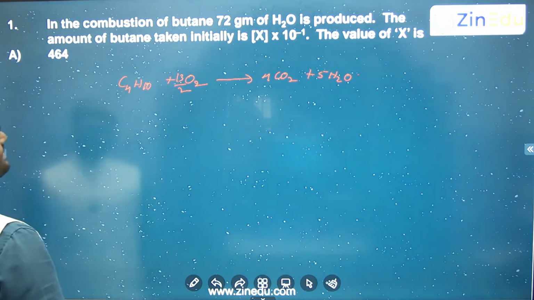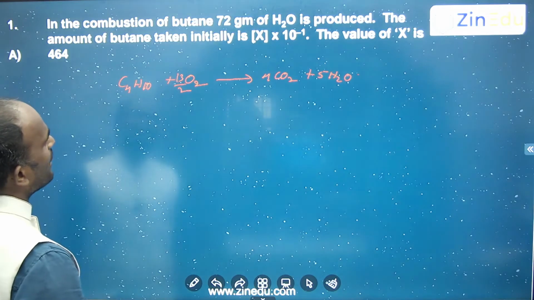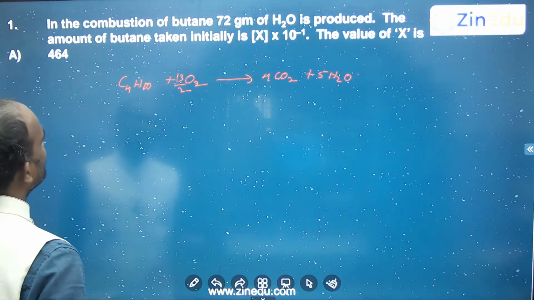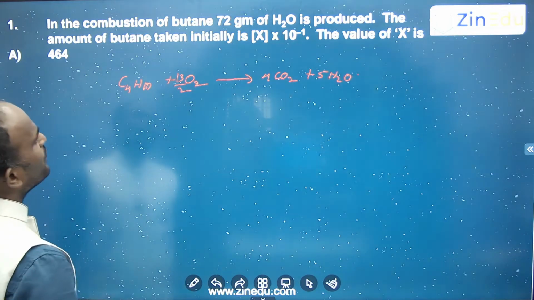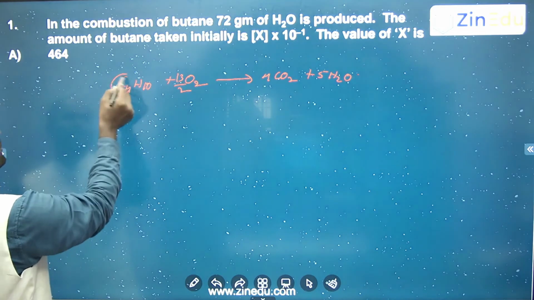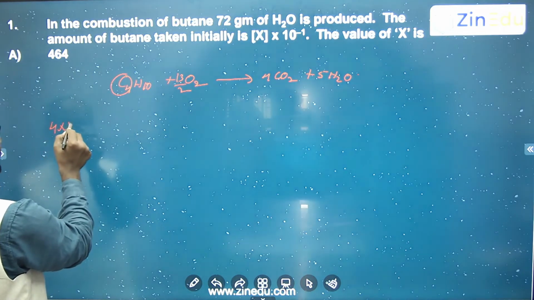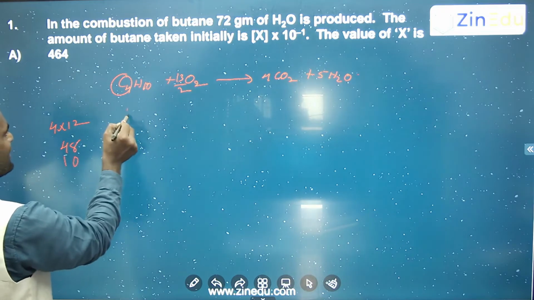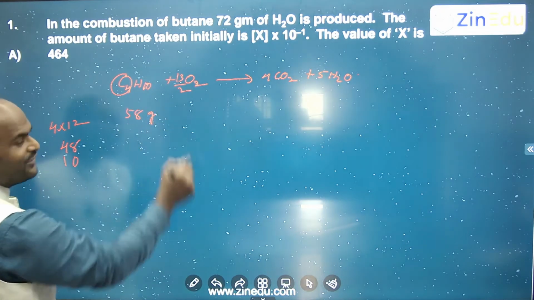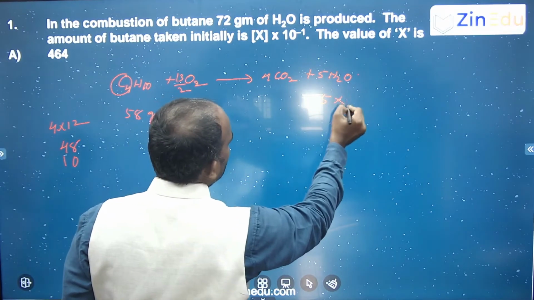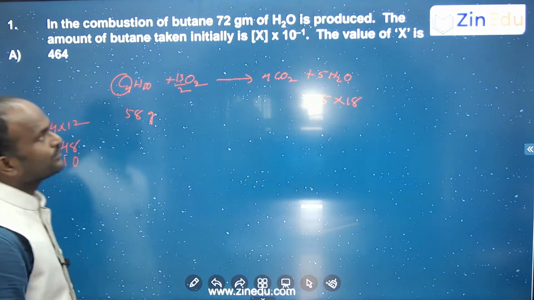So now what they're asking here, they have given 72 grams of water is produced. The amount of butane taken initially. So actually here butane is going to be 4 into 12 plus 10, that is 48 plus 10, 58 grams. For 58 grams we will get 5 into 18 grams of water.